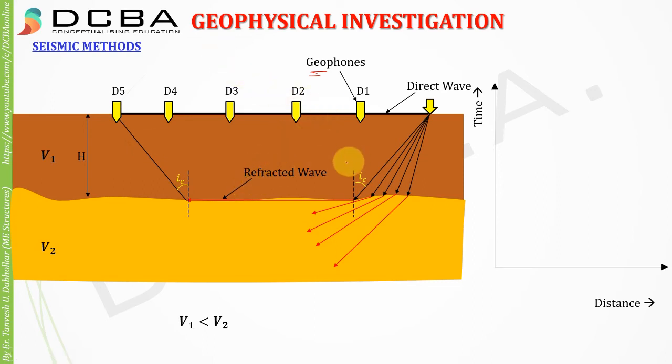Let's say that this is V1. V1 is the velocity at which the shock wave travels in this medium. This is again V1. This velocity would be V2, which is the faster velocity, and this is again V1. Till D1, D2, D3, D4 they were all recording V1, but D5 will record this wave as well as this wave.